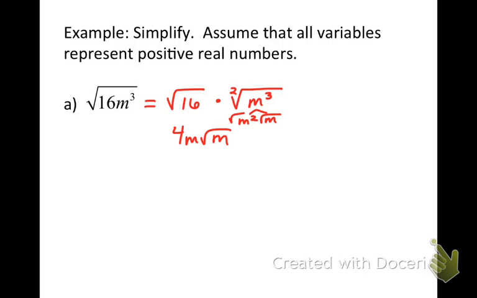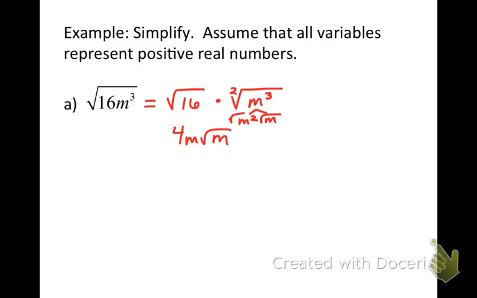Now, me personally, I don't make these branches every time. I just know that if 2 goes into 3 once, I can pull out an m on the outside. What's left over, what's your remainder? 1m. So I would have an m on the outside, m on the inside.